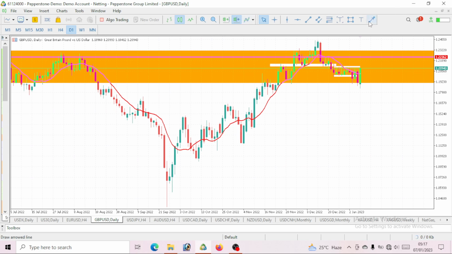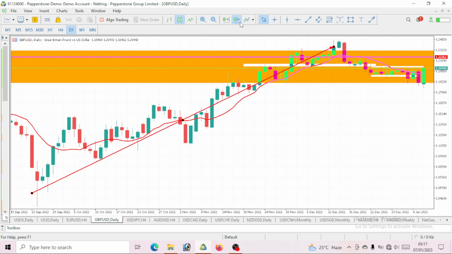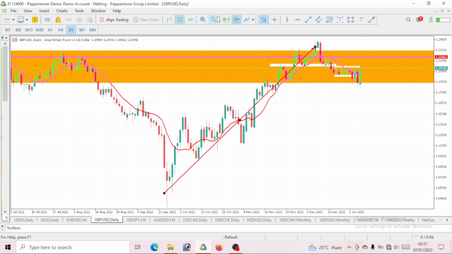So we would want now to see what this price is now saying. You can now see that this movement is kind of like a correction on the monthly time frame. But on the daily time frame, it's quite choppy, giving us an uptrend move. You can also see it is trading above the 10 period simple moving average.